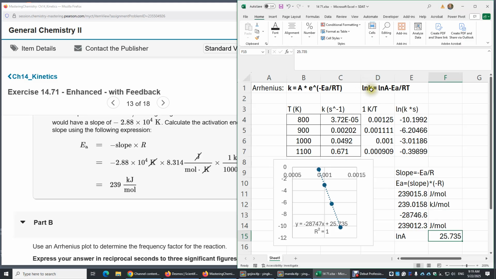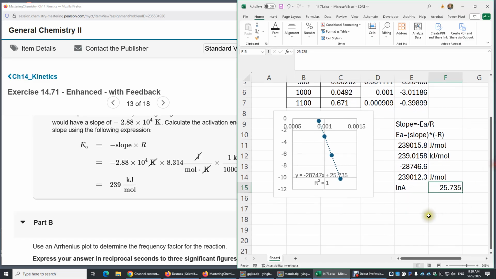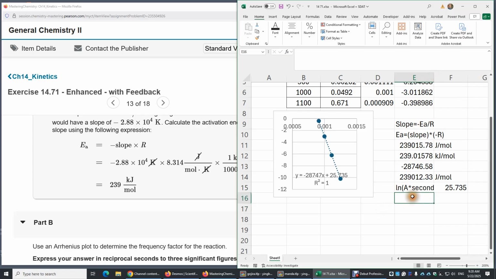Ln K is the vertical axis, 1 over T is the horizontal axis. Therefore, negative EA over R is the slope, Ln A is the intercept. Actually it's Ln A times second that is the intercept, because the vertical axis is actually Ln K times second. But anyways, A is going to be e to the power of that.